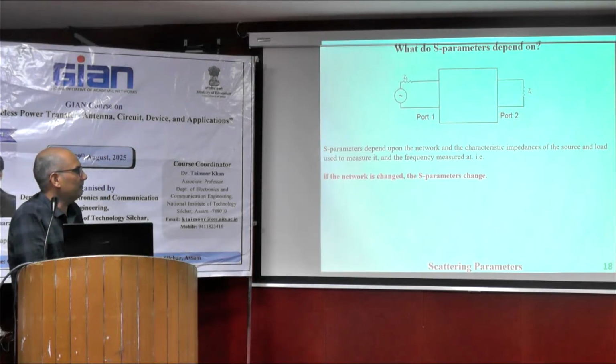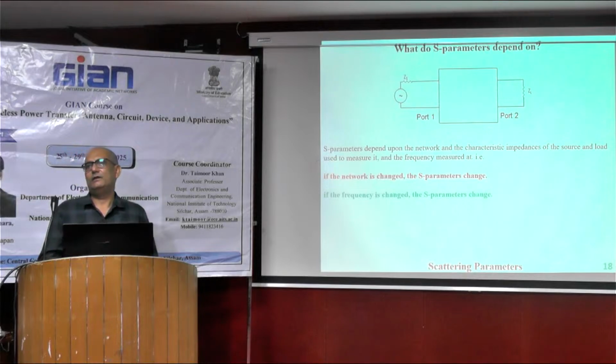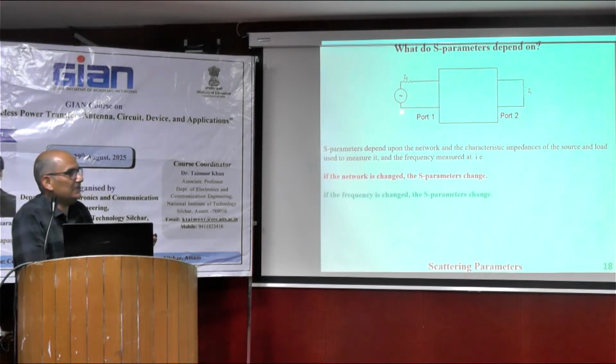Earlier it is an RC circuit, then you replace it with LC, then definitely the parameters will be changed. If the frequency is changed, because the inherent behavior of all S parameters is frequency dependent, then even if source parameters are fixed, but you are changing the source frequency, then definitely the S parameter matrix will be changed.